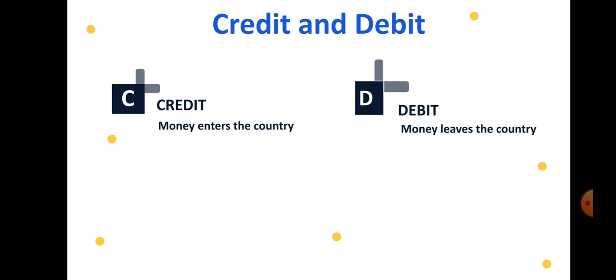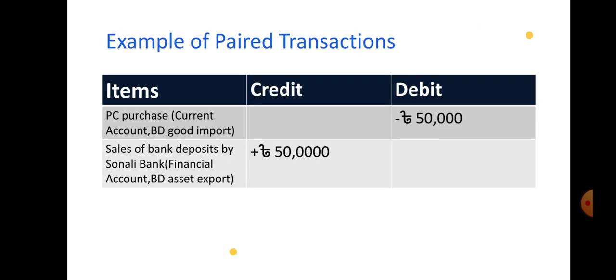And we will see that credit means money will enter the country, and debit means money will leave the country. Now we will see an example of it. A PC purchase means if you buy a laptop or something for your study purpose or something else, the money will be in your debit account.